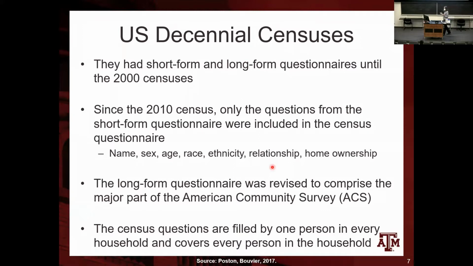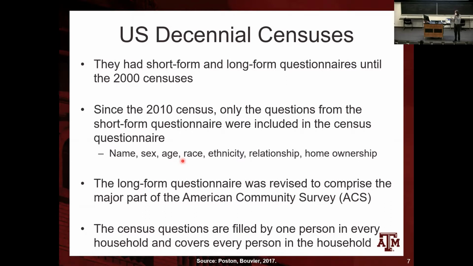And also whether they owned the household or rented it, or it was an occupied household. So up to the 2000 census, you had this short form with a really limited number of questions being asked of all people inside the households in the US.